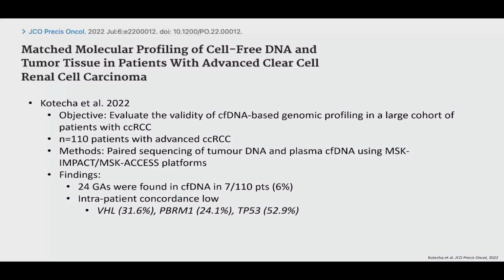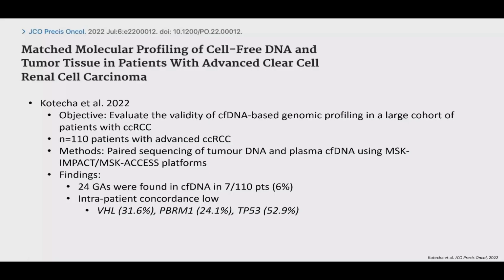The authors reported in this cohort that both the identification of genomic alterations and concordance were quite low. Only 24 genomic alterations were found in the ctDNA of 6 of the samples.